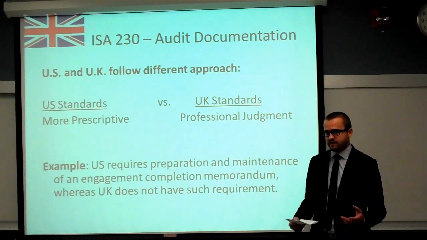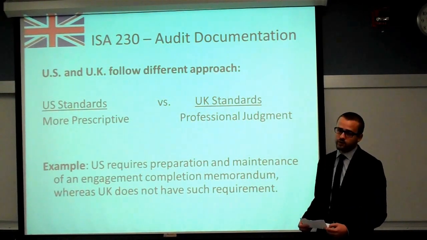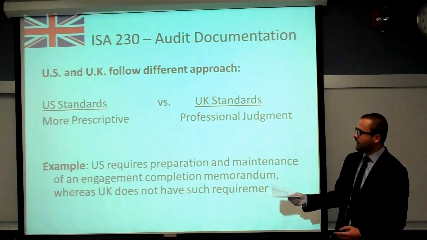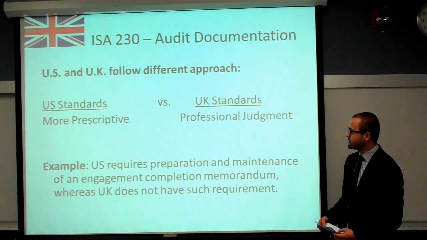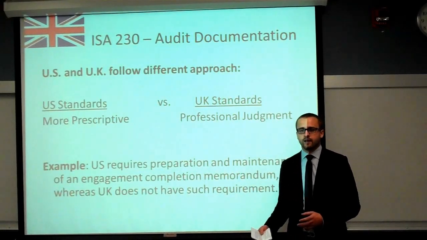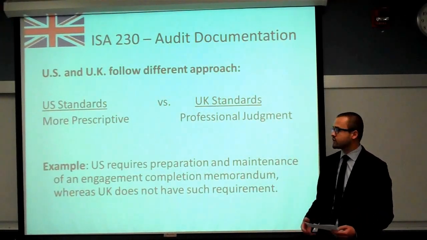As I mentioned a little while ago, the US and UK do follow a different approach. US standards are more prescriptive, versus UK standards, where a lot of emphasis is put on professional judgment.